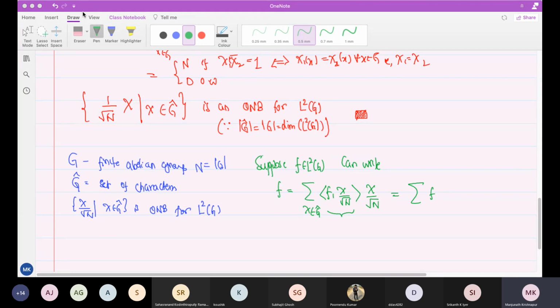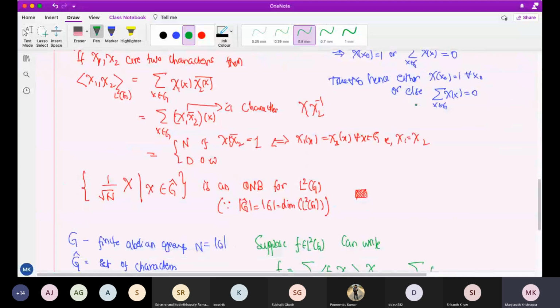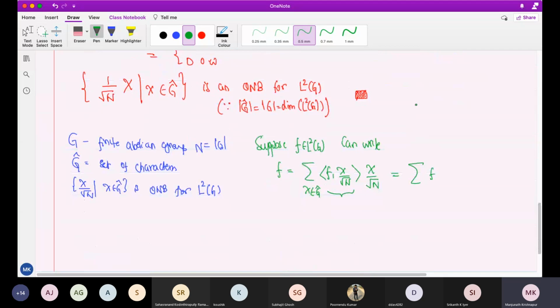They are just homomorphisms. If you scale them, they won't be homomorphisms. In fact, it's a point that I did not say earlier: why is the target the circle group? Characters have to map into the circle group. So G hat consists of characters which are homomorphisms into the circle group.